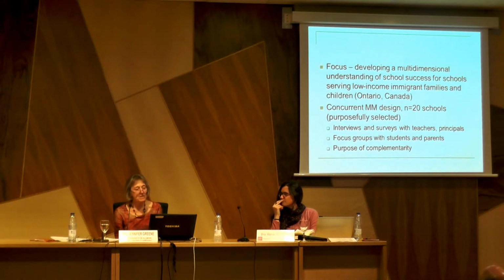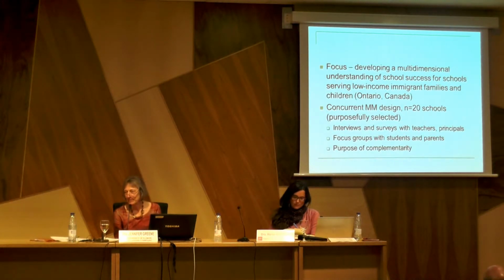So this was in Toronto, and the government wanted to understand, among the many immigrants who are coming to our city, some schools are doing well. Let's understand that process better so that we might transfer it more broadly. So they selected 20 schools purposefully who were consensually regarded as being successful with immigrant populations.